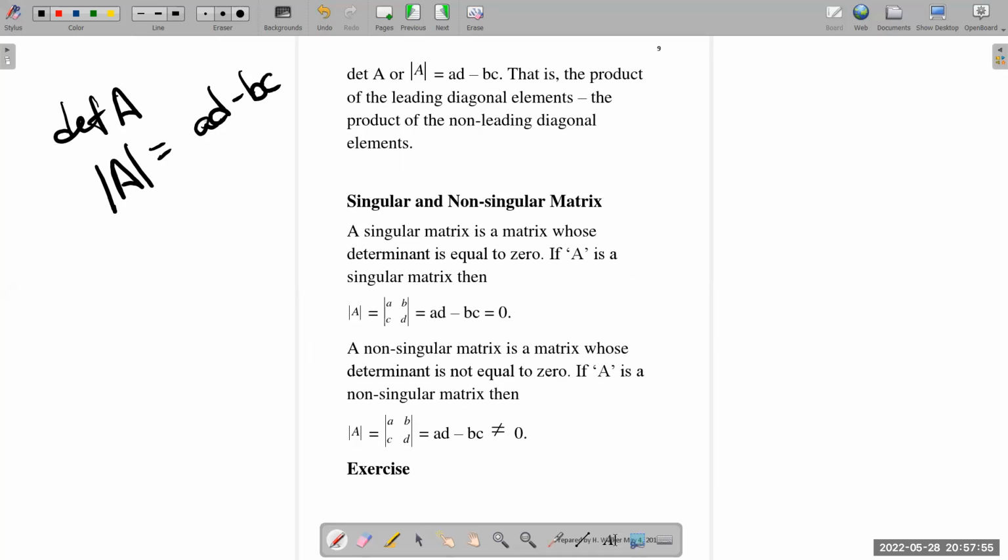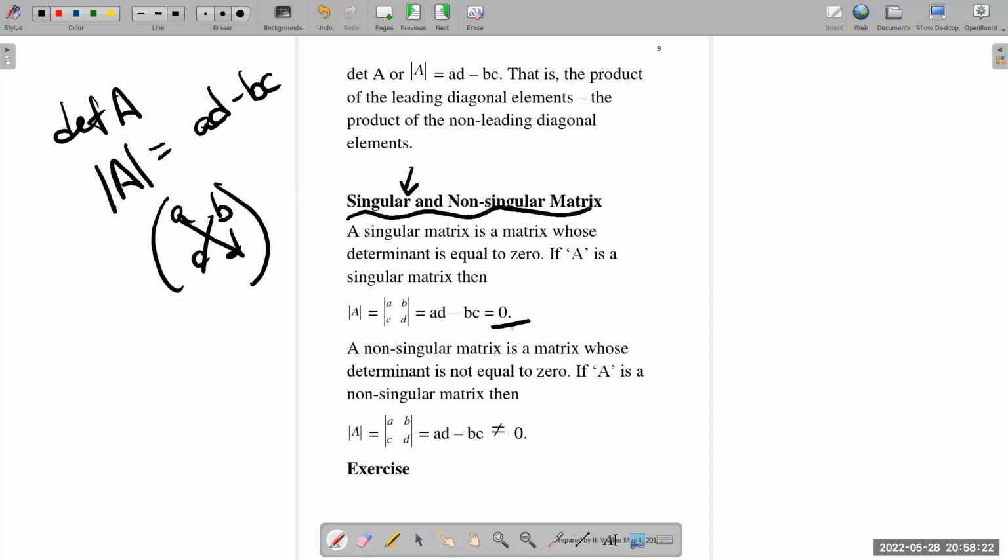And we should know what element is AD and what element is BC, because if you have a square matrix, A, B, C, D, you see AD is this way and BC is that way, right? Another thing we need to remember when it comes to the determinant, what the words singular and non-singular mean. A matrix is described to be singular if when you find the determinant, the answer is 0.